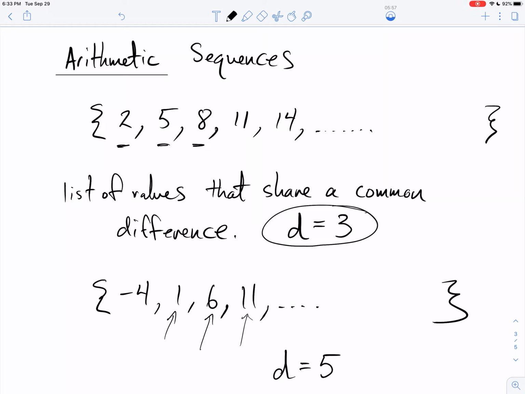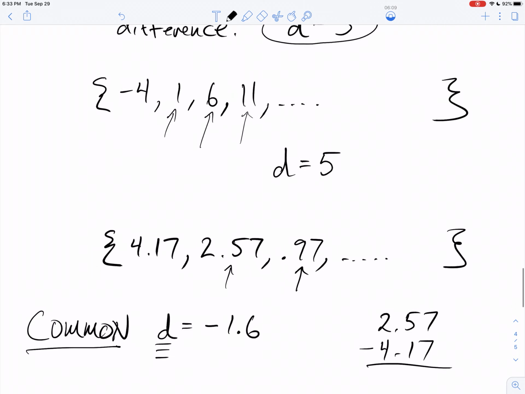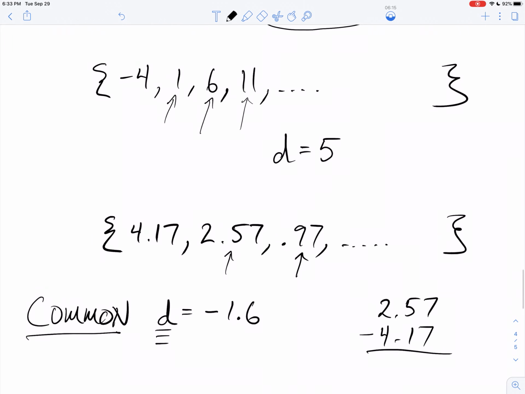I don't have to grab a calculator and say 14 minus 11 is 3. Hey, 11 minus 8 is 3. I don't have to do that. On this one, it's pretty easy, and I can see it. The second one, I can still do that fairly easy. But this third one here, that was not easy. You're not walking around going, you know what, that looks like negative 1.6 is the D value.